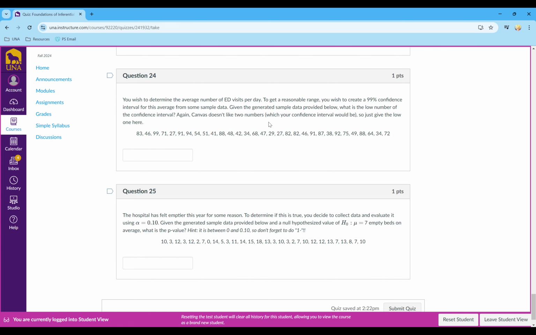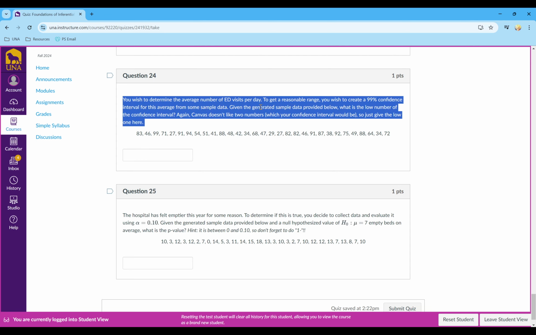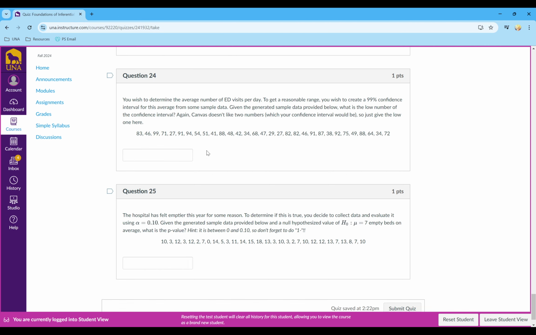I do want to double check, since I'm putting a lot of work into this, that I'm getting the confidence interval here. So, 99% confidence interval: what's the low number?